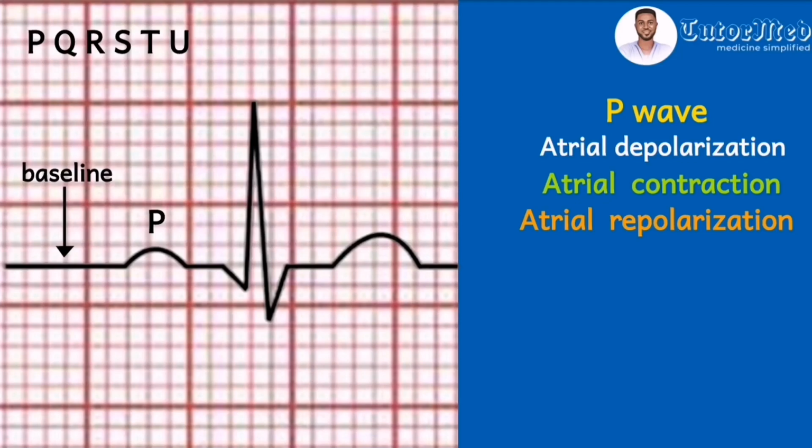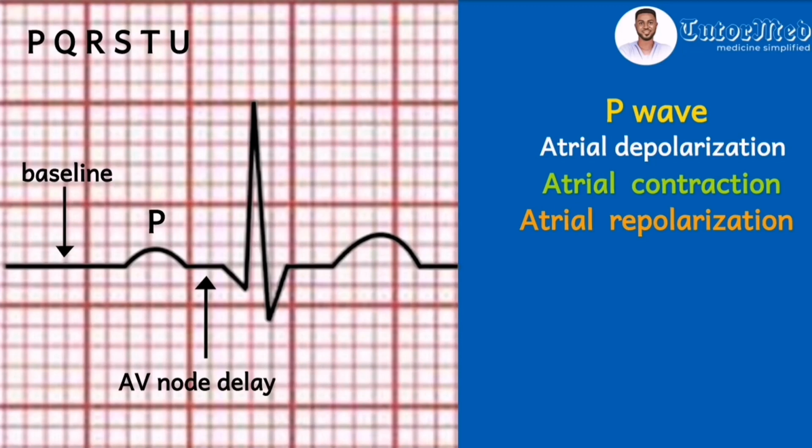Now, after the atrial depolarization has occurred, there is a period of silence represented by this line until the impulses reach the ventricles. And so what do you think this period of silence represents? Yes, you guessed right. This is the point when the AV node is delaying the impulses.